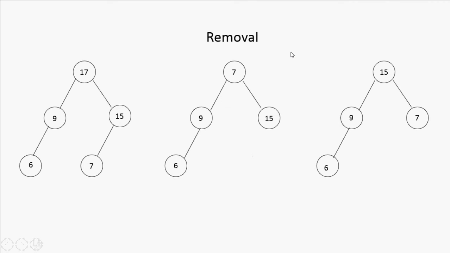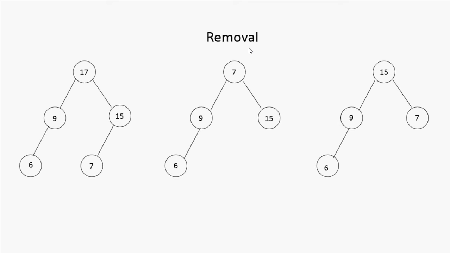Now in a binary heap you can only remove the biggest node. You can remove the smallest node, but that is the opposite, a different type of binary heap, where the root is actually the smallest node, not the biggest node.